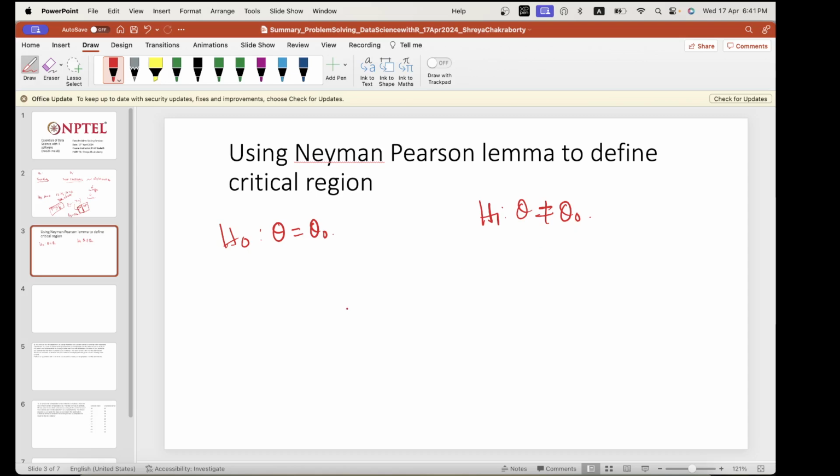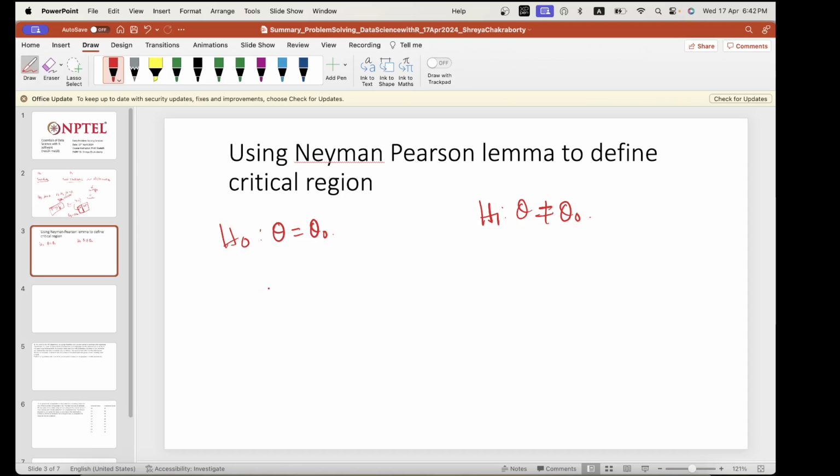By natural intuition, we would want that this likelihood should be less than the likelihood of getting what we have gotten if theta is not equal to theta naught. If the null likelihood is less, then only we can say that our evidence is favoring the alternate hypothesis, right? Is this clear?